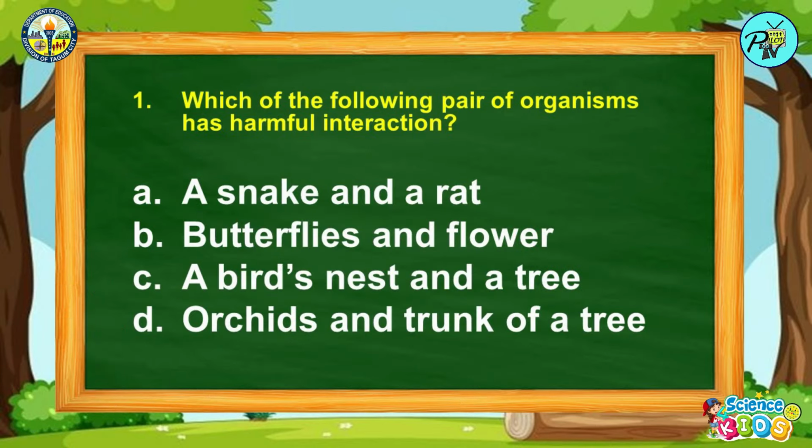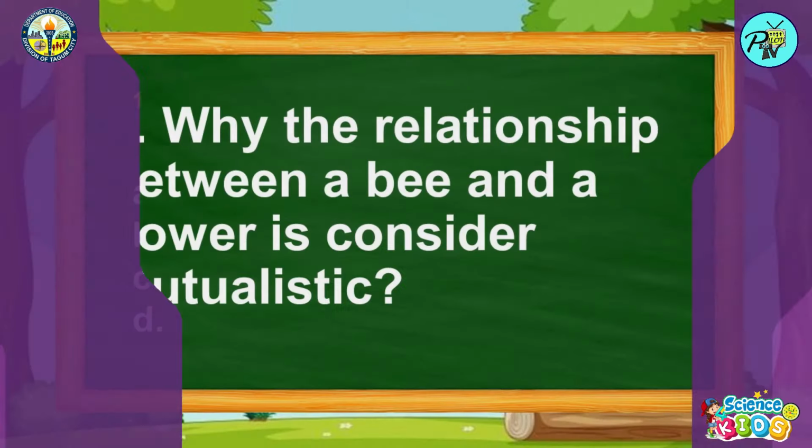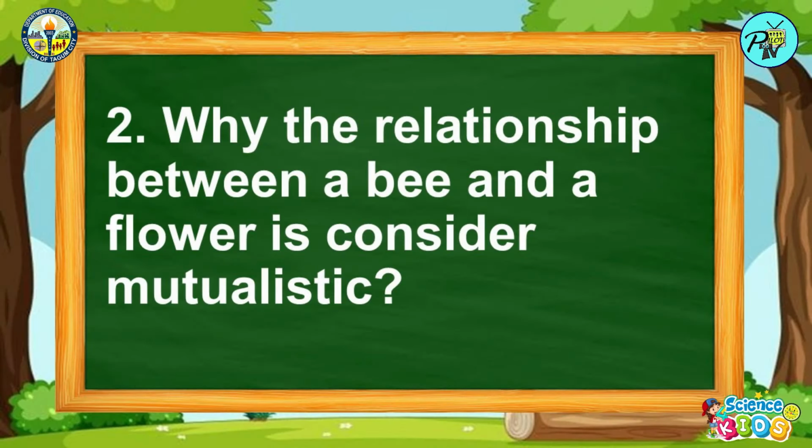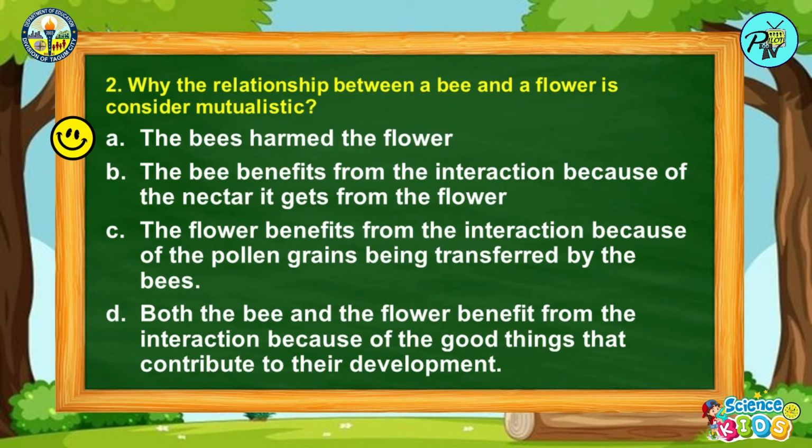Time is up. Let's check your answer. If your answer is letter A, a snake and a rat, that's correct. Number 2. Why is the relationship between a bee and a flower considered mutualistic? A. The bees harm the flower.